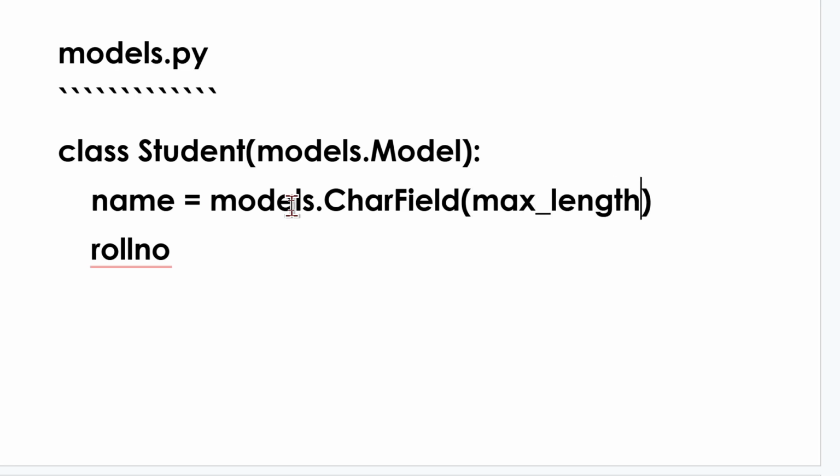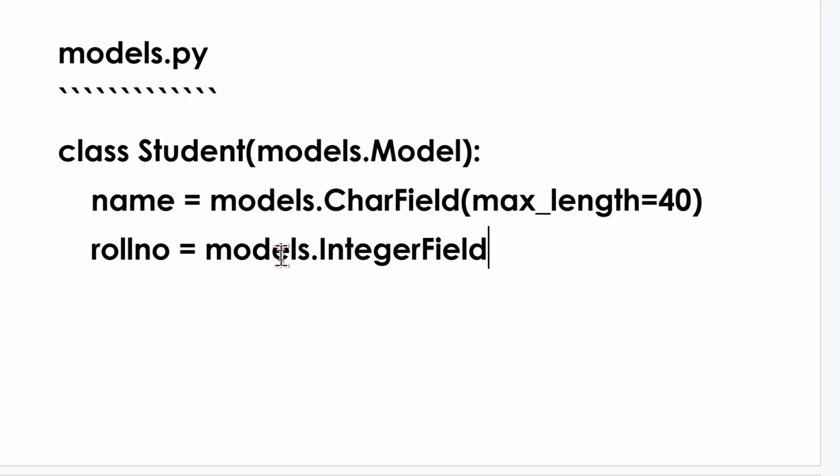Maximum length is, let's suppose, 40. 40 characters user can enter. Maximum 40 characters it can hold. And this roll number, here I will write models dot which field? Integer. Okay, so this is what? IntegerField, right?